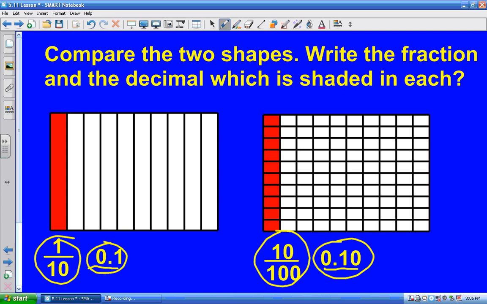If I shade in 0 on this, how much do I shade in? 0. None, right? So this could in some ways just not be there for a second, couldn't it? Now look at this decimal and this decimal. What do you notice about the two decimals? They are the same amount, aren't they? So I'm not changing how much I'm shading, I'm just changing the way I write it down.